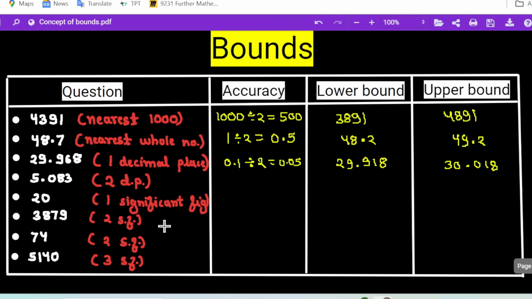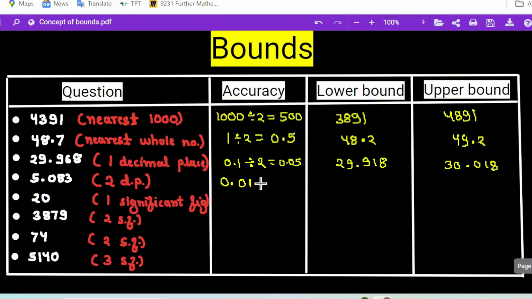All right, I believe you can pause the video and try solving the next question and check if you get the answer. This time, not one decimal place, but two decimal places. So take your time, try to solve this one according to the previous one and check your answers. For this question, two decimal places means this is the first decimal place, so I will leave this one, and this is the second decimal place.